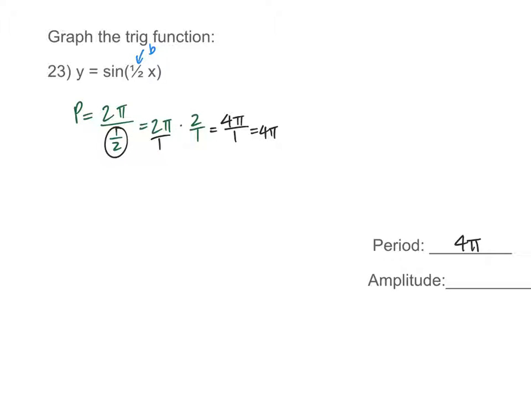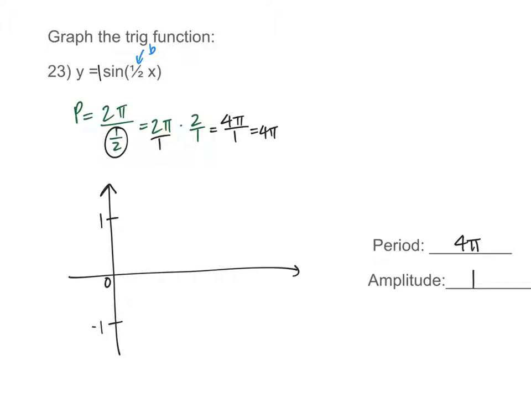The amplitude here, it looks like it's a 1. And so if I were to draw this graph here, I know that I'm going to have a highest value of 1, lowest value of -1. And it's going from 0 to 4 pi. 4 pi is my period, which is the wavelength. So this gets really stretched out.